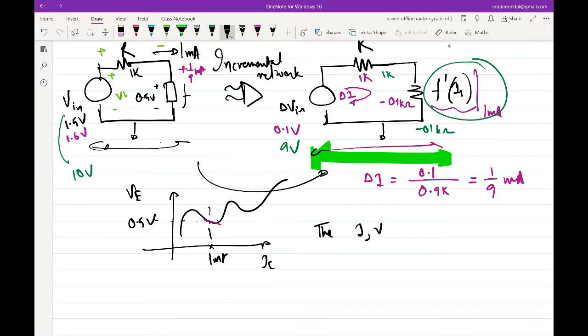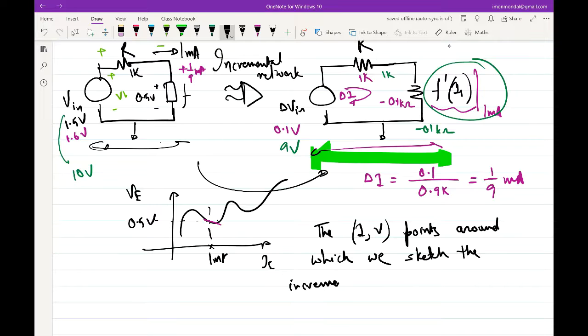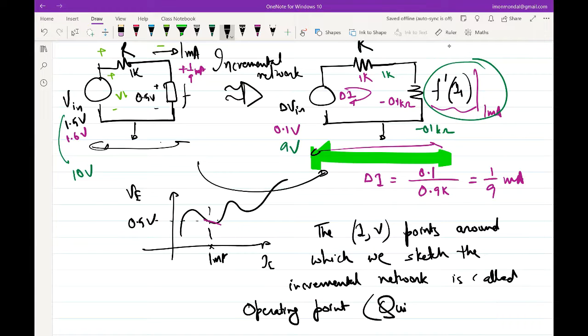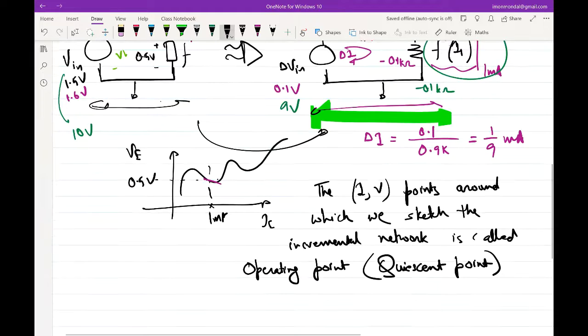The IV point around which we sketch the incremental network is called the operating point, or quiescent point, or often called Q point.